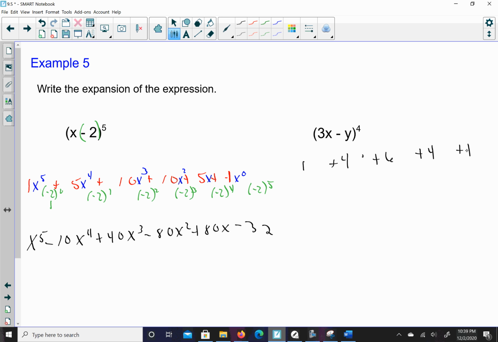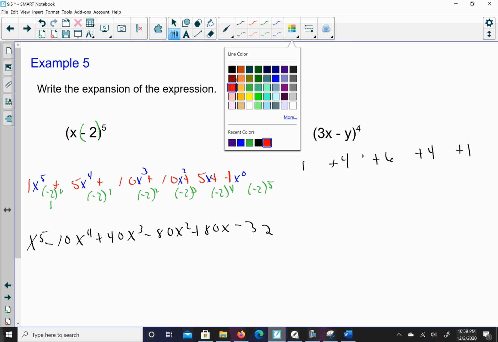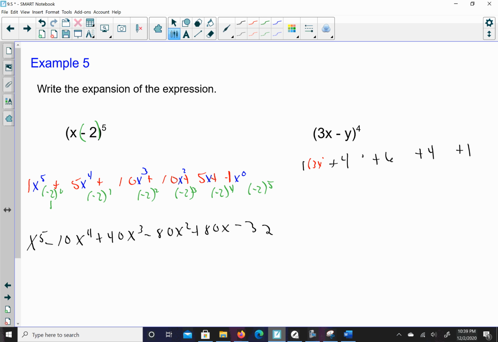Second term is 4 because I'm raising it to the fourth power. So then this now will be 3x to the fourth, 3x to the third, 3x squared, whoopsie, put it like that, 3x to the first, and then 3x to the 0.